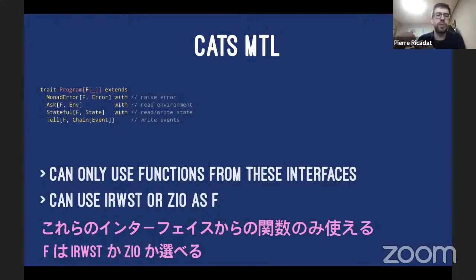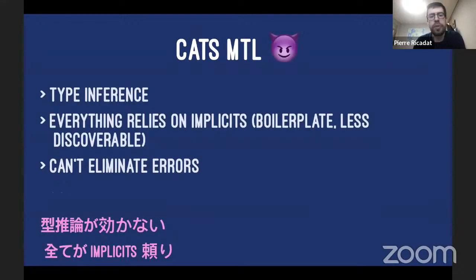So you only have access to failing with an error, getting access to the state, or lifting an event. So this is quite interesting. It has a similar performance, but hides the full power of the monad that you are using underneath. However, it's also not so great, especially for ergonomics. The type inference, when you use a generic F, is not ideal compared to just using a simple data type.